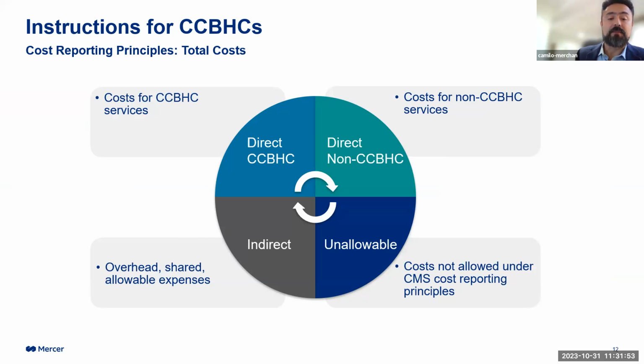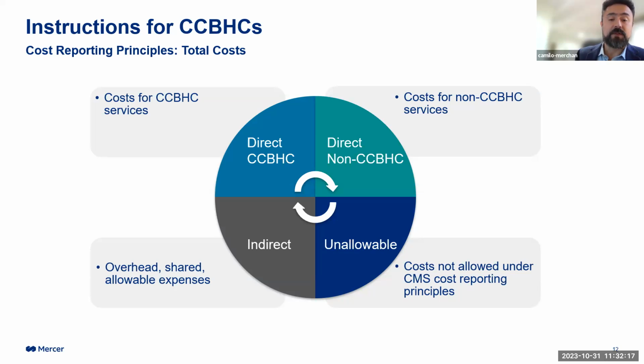This chart basically pulls apart the 4 different categories for the cost. An example of an indirect cost will be rent and utilities. Direct CCBHC is the cost for the services. The direct non-CCBHC services are costs that have been originated by the center.